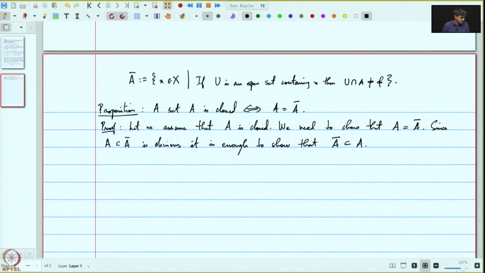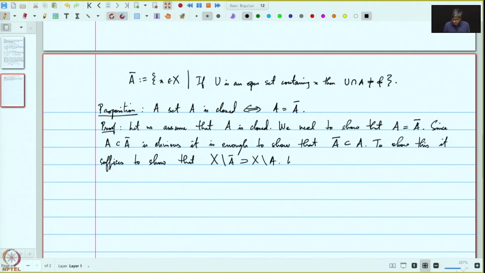Okay. So taking complements, to show this, it suffices to show that X minus A closure contains X minus A. And which is what we are going to prove.